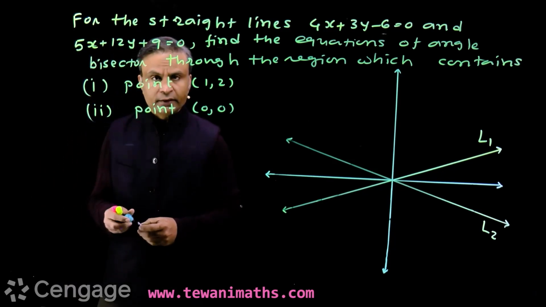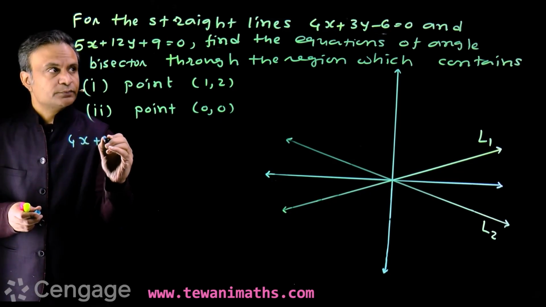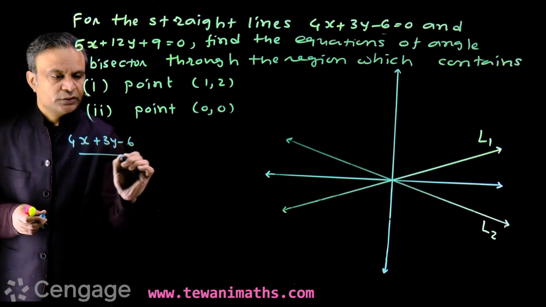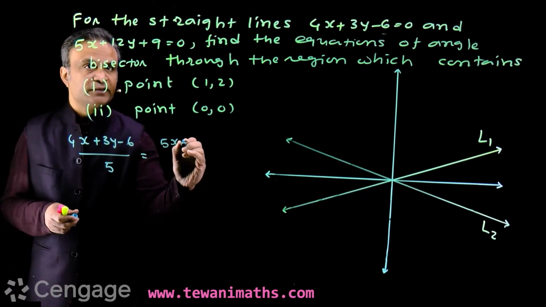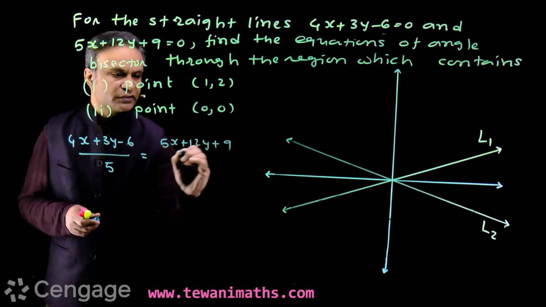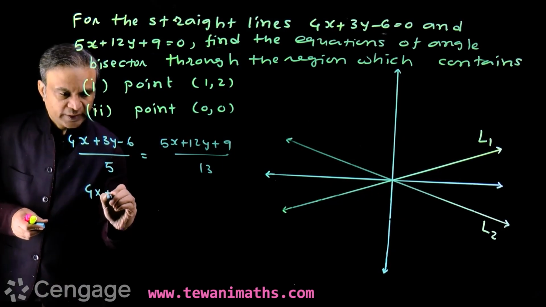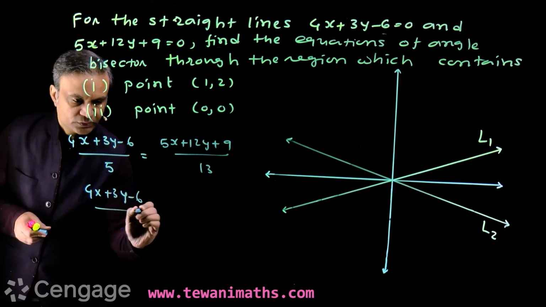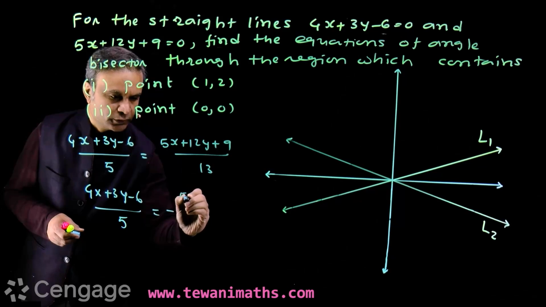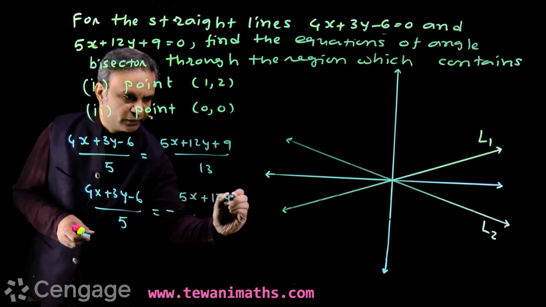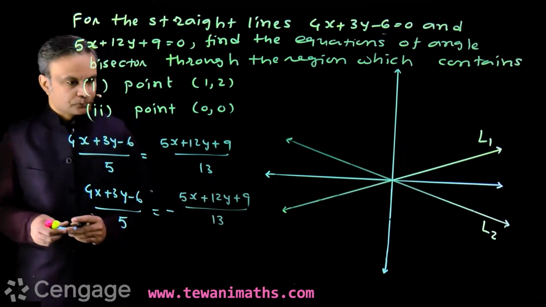So what we do, we first write the equations of the angle bisectors. The equations will be (4x plus 3y minus 6) over 5 equal to (5x plus 12y plus 9) over 13, and (4x plus 3y minus 6) over 5 equal to minus of (5x plus 12y plus 9) over 13.